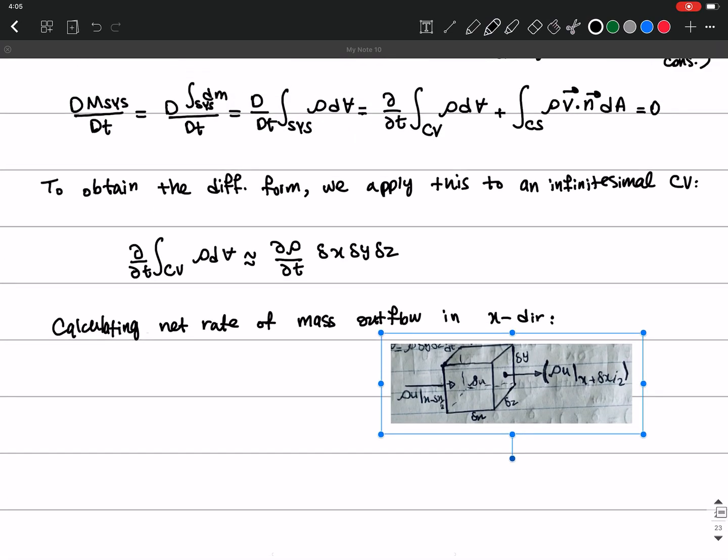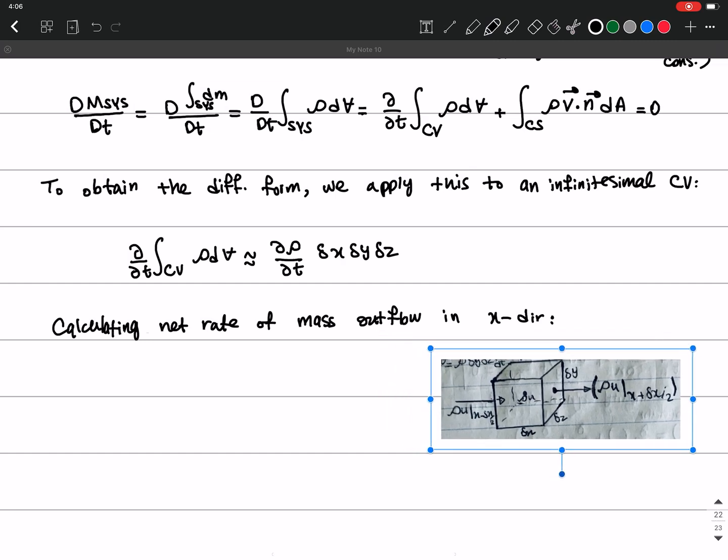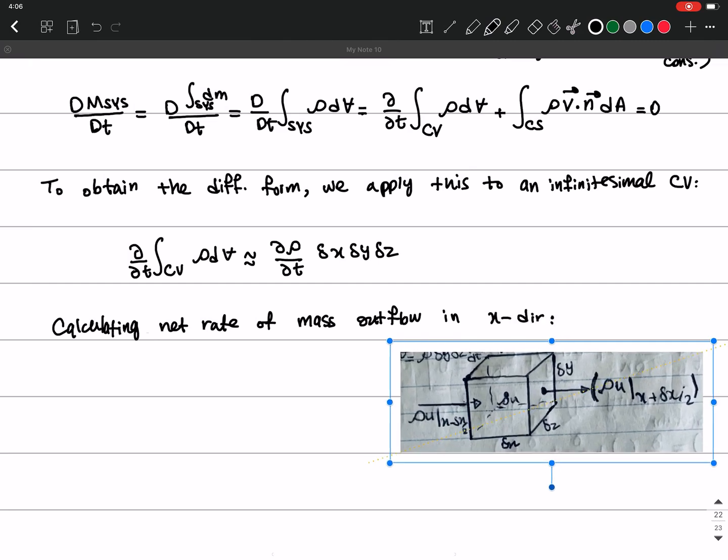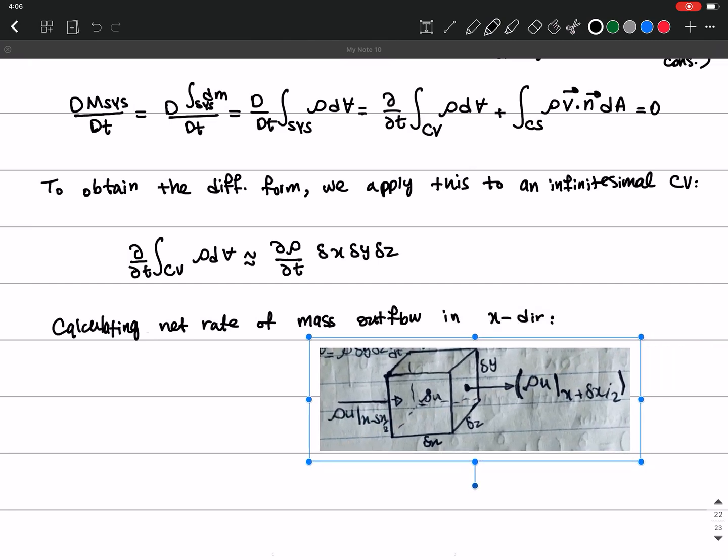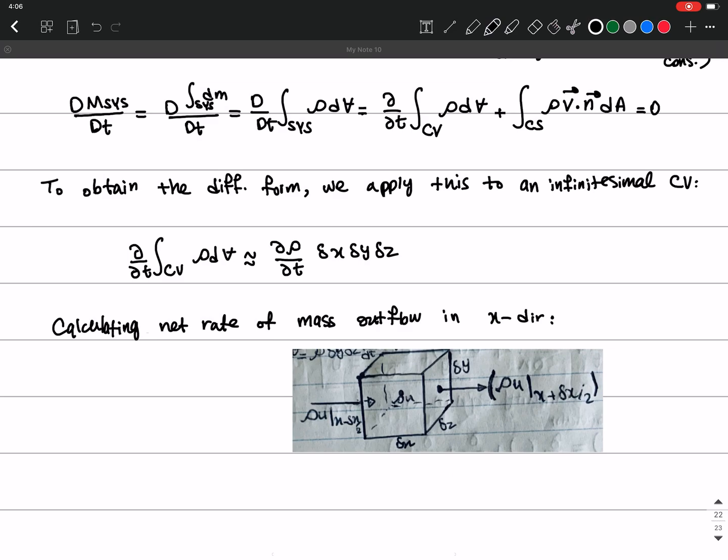Okay. So imagine this is our infinitesimal element, and this is the coordinate system: x direction, z direction, and y direction.